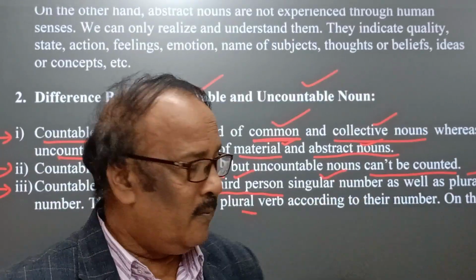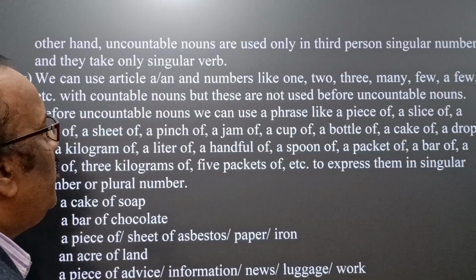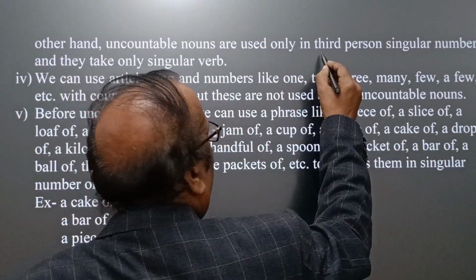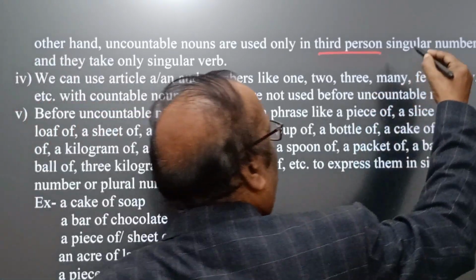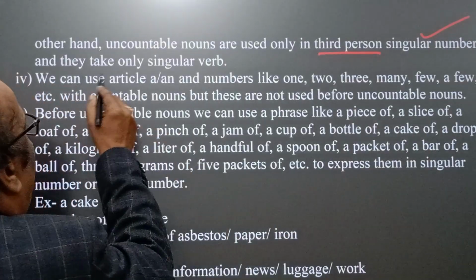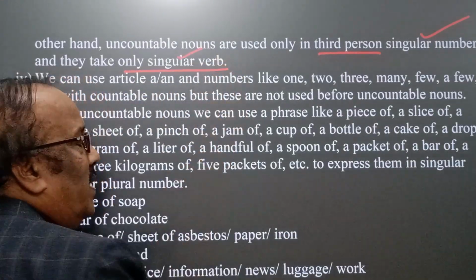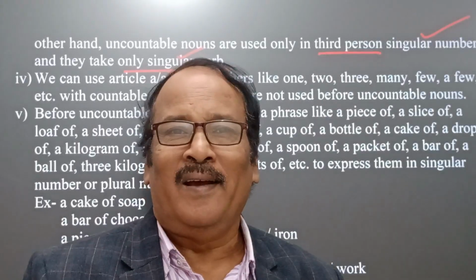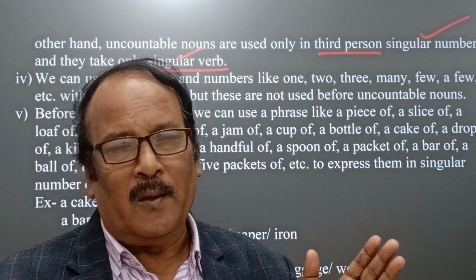On the other hand, uncountable nouns are used only in third person singular number, not in plural number, and they take only a singular verb. This is the difference between countable noun and uncountable noun.